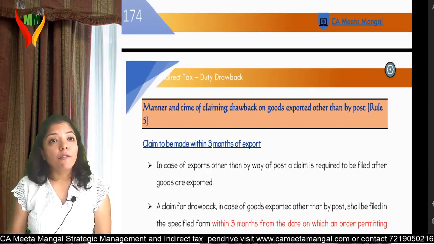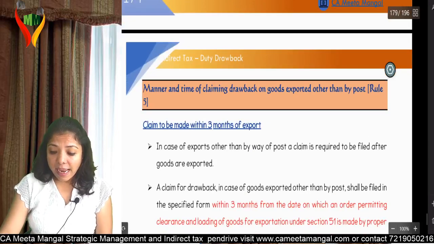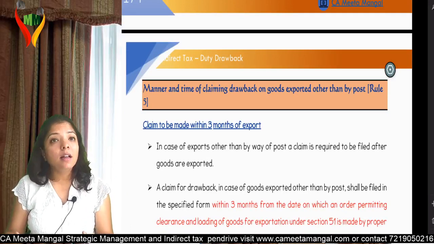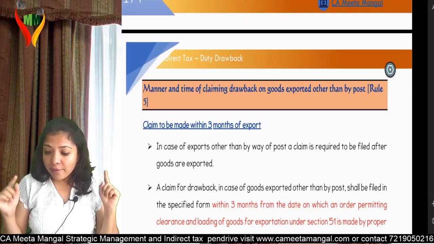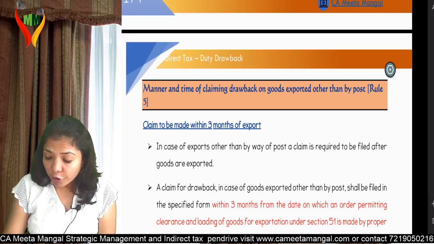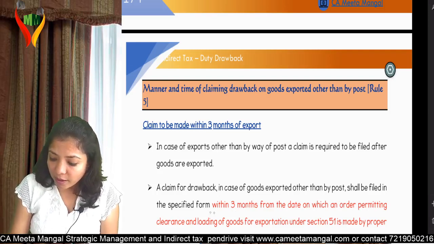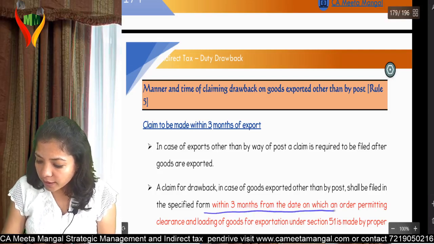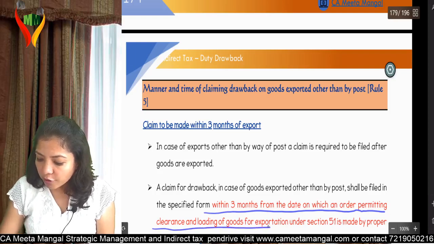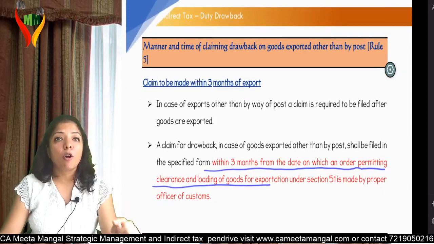Rule 5. Manner and time of claiming drawback on goods exported other than by post. Claim to be made within 3 months of export. In case of export other than by way of post, a claim for drawback shall be filed within a period of 3 months from the date on which the order permitting clearance and loading of goods for exportation under section 51 is made by the proper officer.